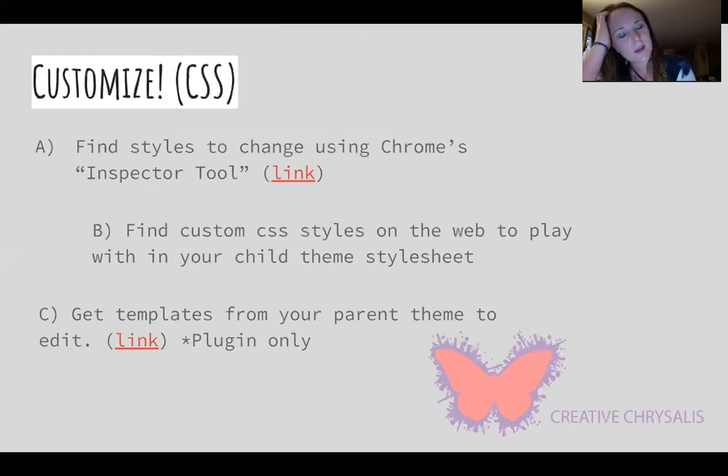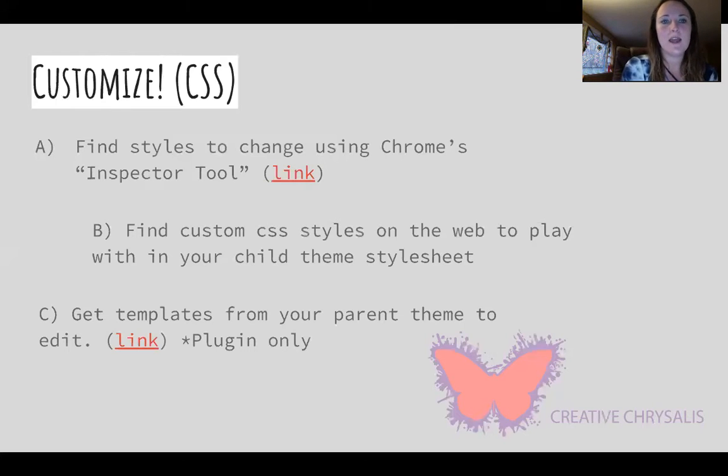If you're new to front-end development and not sure what different styles or tags might be being applied to a certain specific part of your site, then you can actually use these different resources.